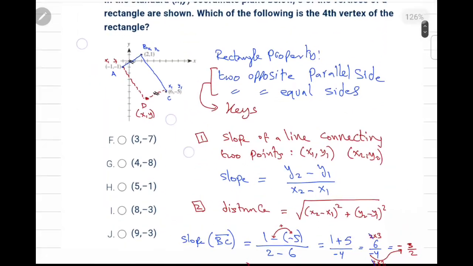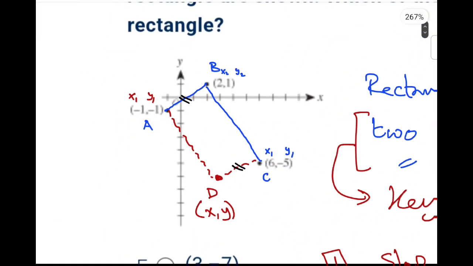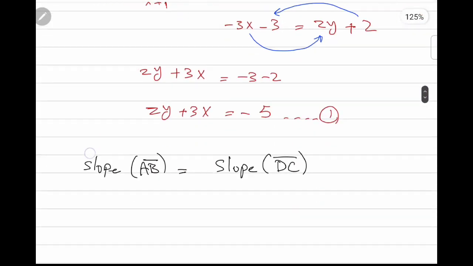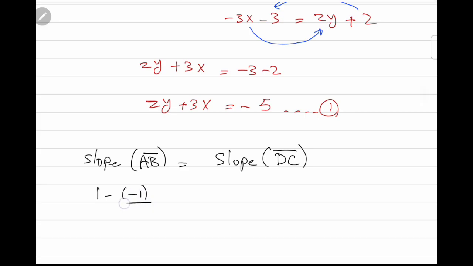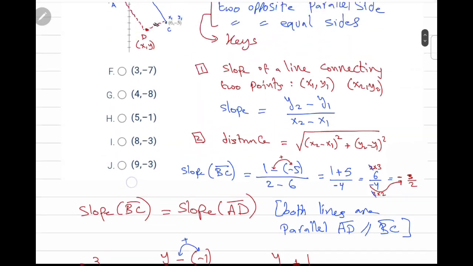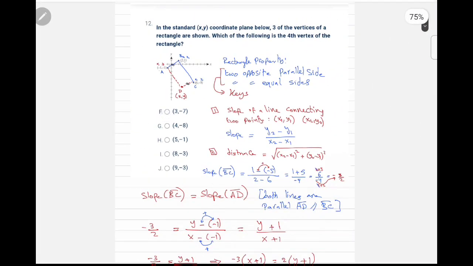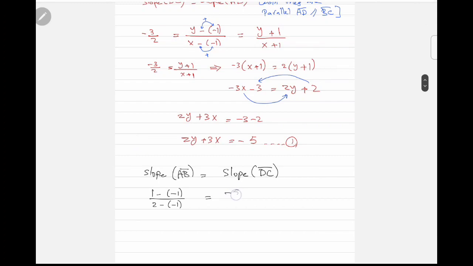Now the slope of AB, it's clear, we can just take the x-coordinate, so it's 1 minus minus 1 divided by 2 minus minus 1, equal to the slope of DC. So the slope of DC, it's clear that we can write it as minus 5 minus y divided by 6 minus x.